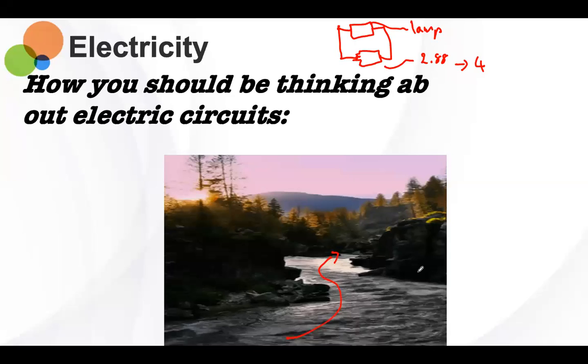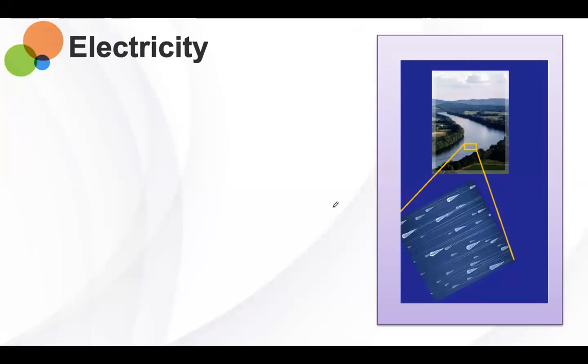Right. So as I said, electric current is represented by the flow of a river. So you would have the small droplets. What would they represent? These droplets here, what would they represent from our experiment a while ago?